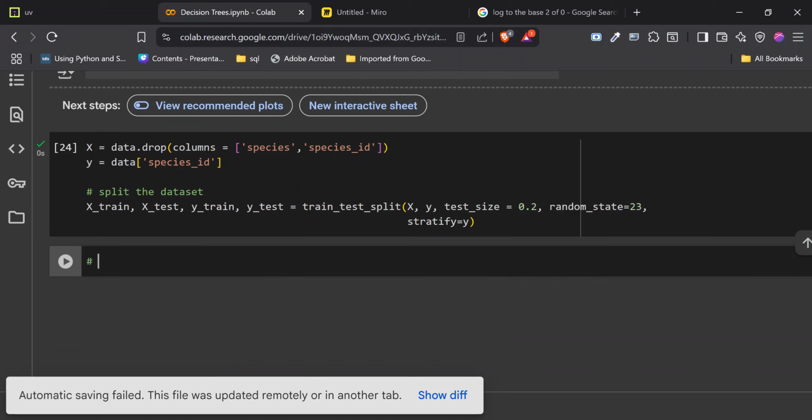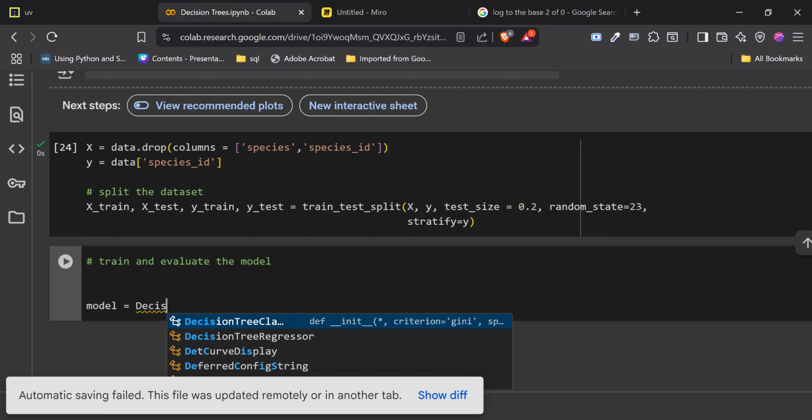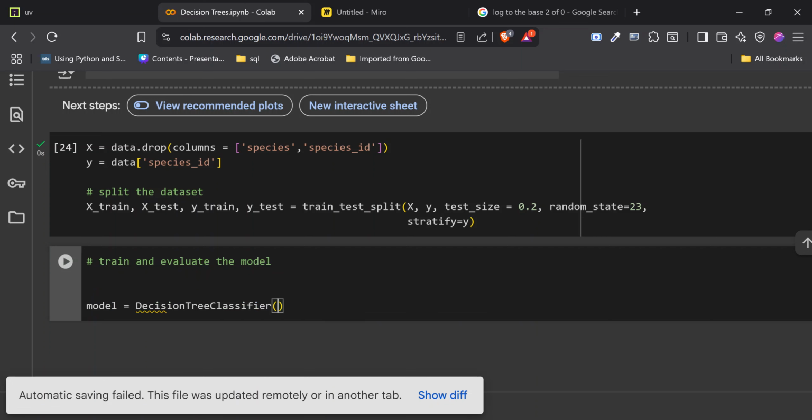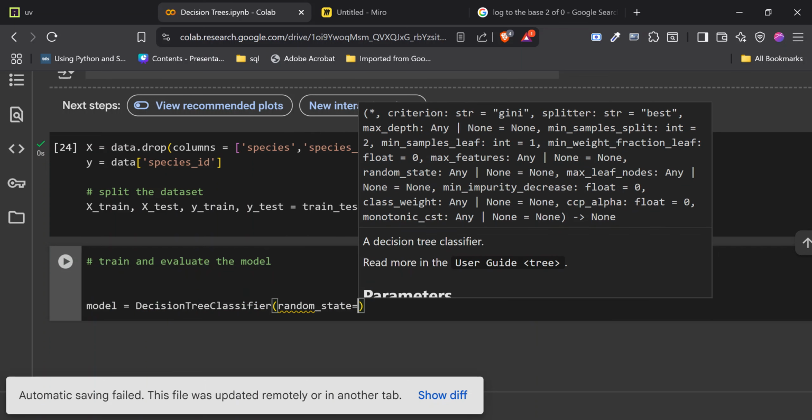So the next thing we want to do is train the model. Let's just say train and evaluate. So we're going to say model equals DecisionTreeClassifier, and we're going to have random state, for the reason I said earlier, in case there's a tie in the information gain values.